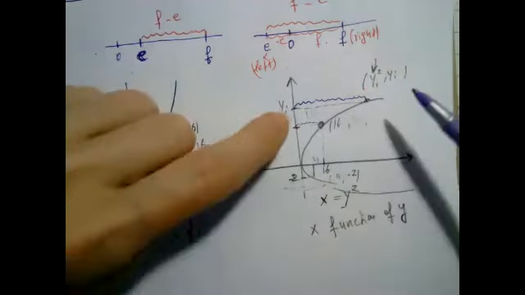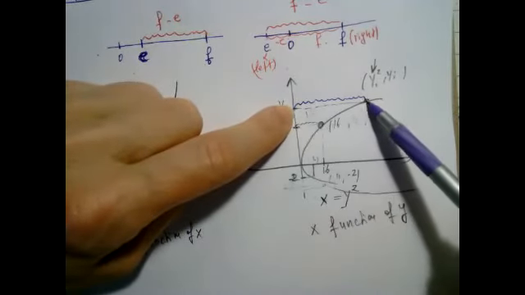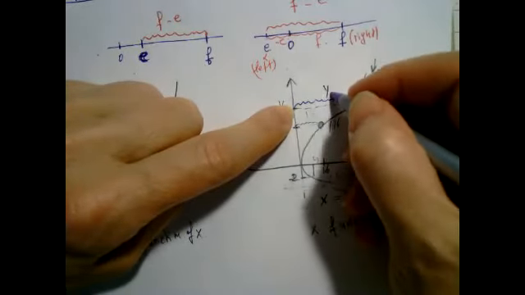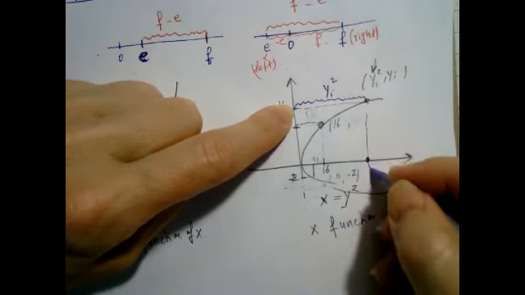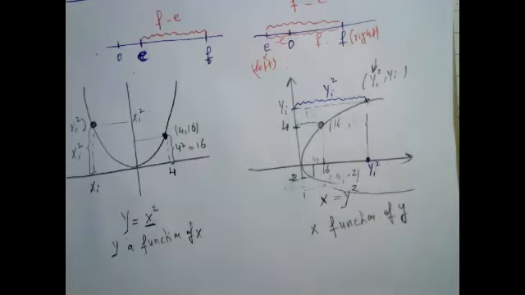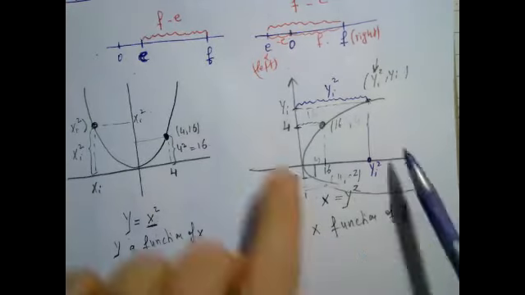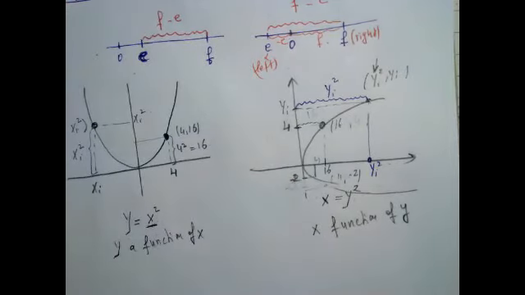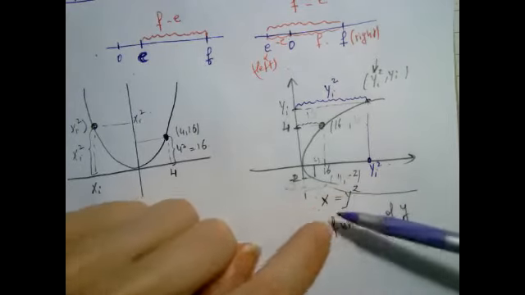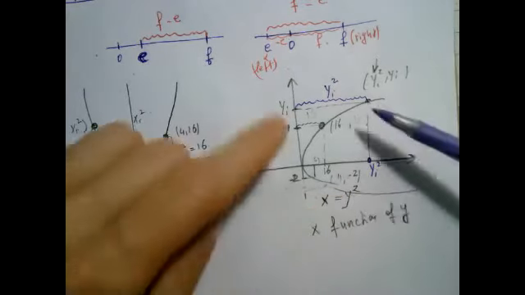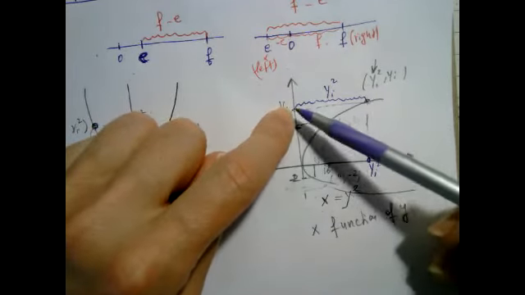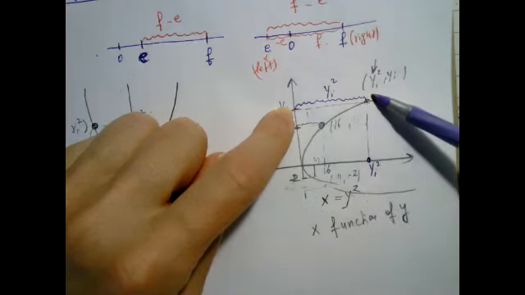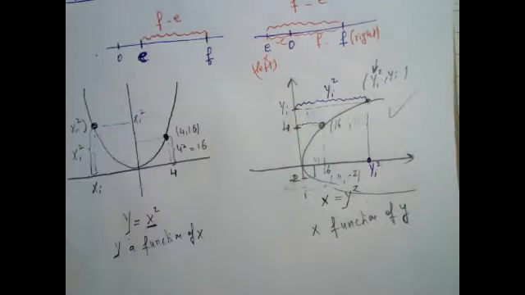It's going to give me this horizontal distance from the y-axis till I hit the curve. So this is how we read it graphically when I give you x as a function of y. If you know the y, you plug it into the equation x equals y squared, and you get the x coordinate, which is the horizontal distance from the y-axis till you hit the curve. That's really important for us.